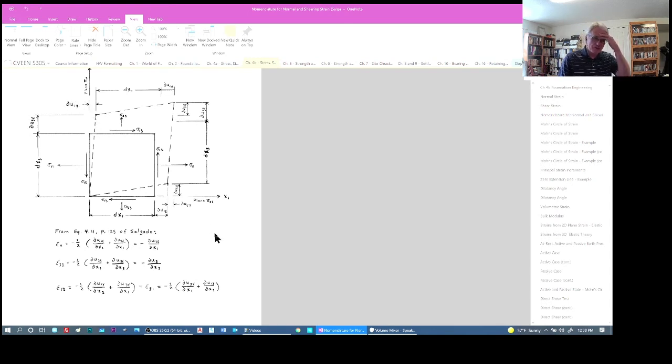So if you need to understand these relative displacements and things that are found in the equations, then you need to refer to this diagram.